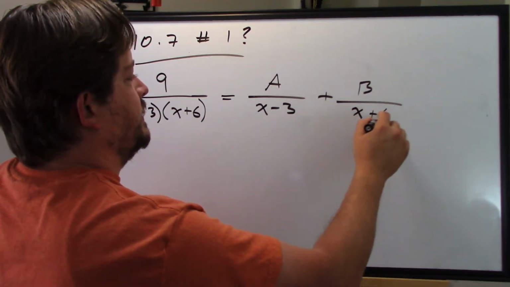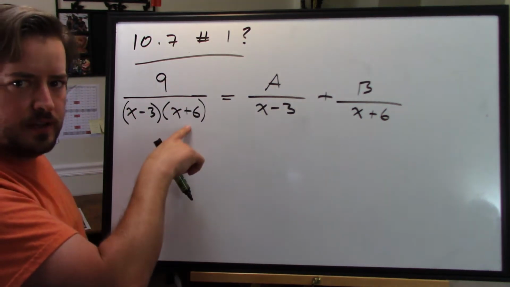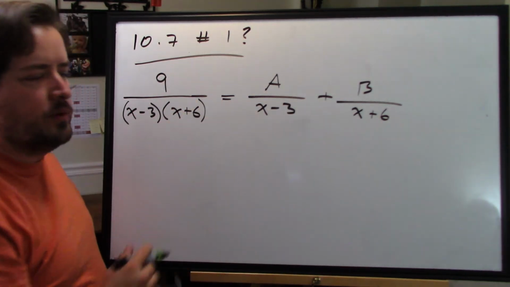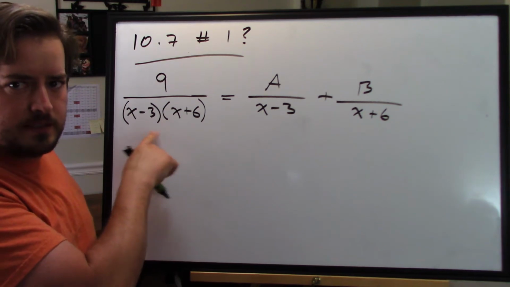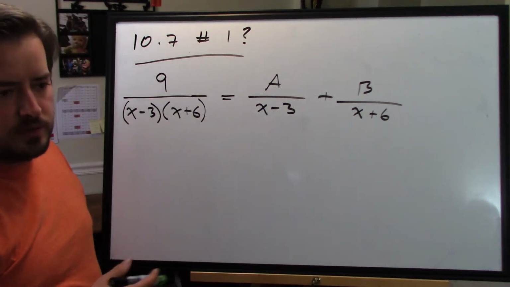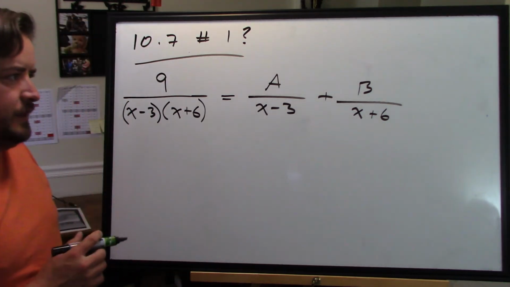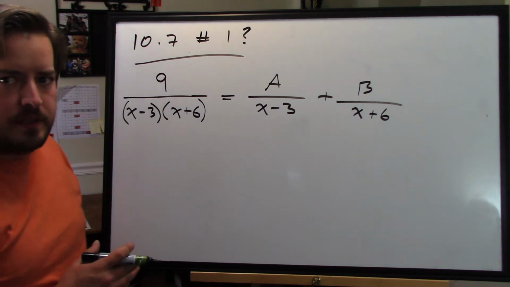If we started on the right-hand side, we would get a common denominator and turn it into the left-hand side. We're just going backwards now, taking something that already has a common denominator and breaking it down into its parts. So I have this as my equation that I'm going to deal with through this problem.